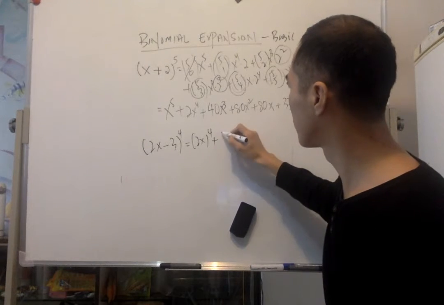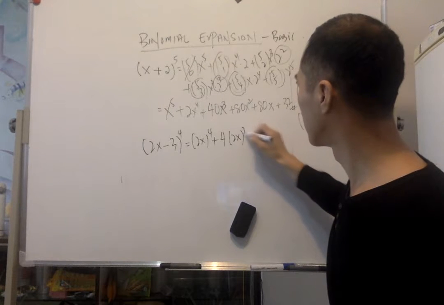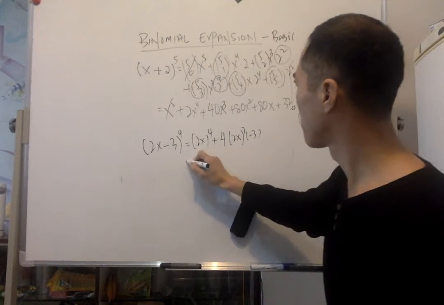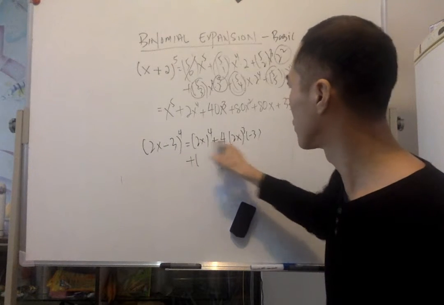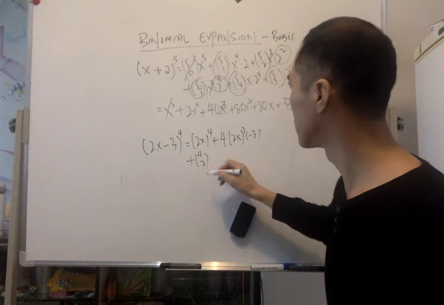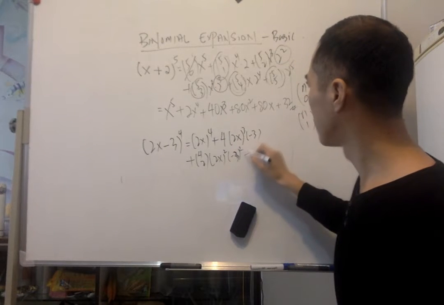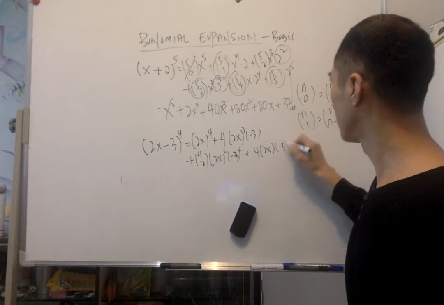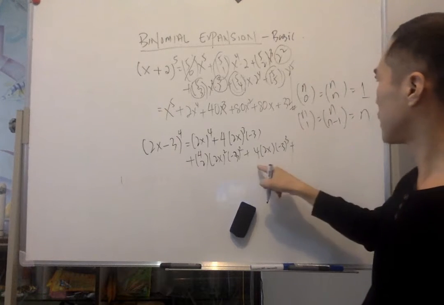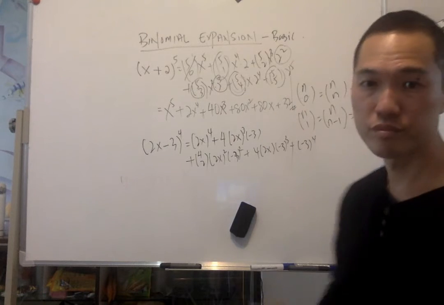The next one is 4, because it's 4 times (2x) to the power of 3 and then negative 3, plus. The next one is 4 choose 2, which is actually 6, times (2x) squared and 3 squared, plus. Then go back to 4, 2x, and negative 3 cubed, plus, and the last one is 1, so it's negative 3 to the power of 4.